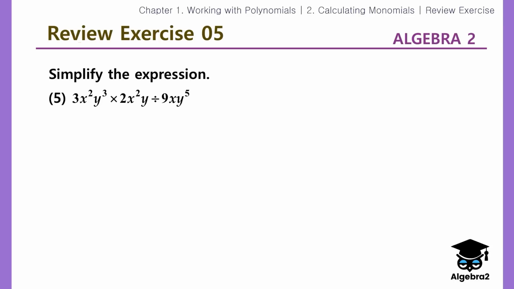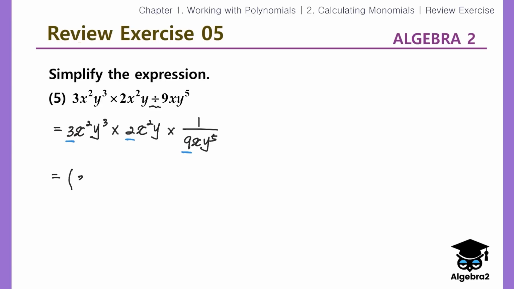Okay, number 5. We have 3x squared y cubed times 2x squared y. This is division, so I'm going to convert that to multiplication. 1 over 9xy to the 5, right? So that is equal to numbers first.